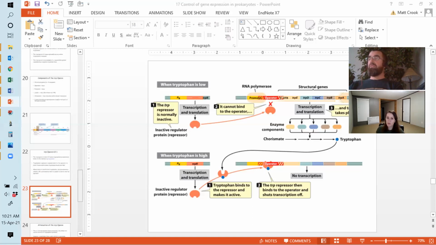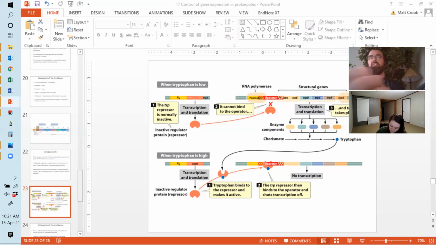So now we're going to use something that's potentially really hard to get your heads around. We're actually going to produce a very small bit of mRNA that is going to be translated. It's not part of the structural genes. This is actually something called a leader sequence.